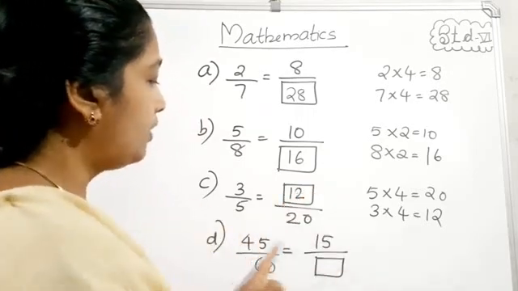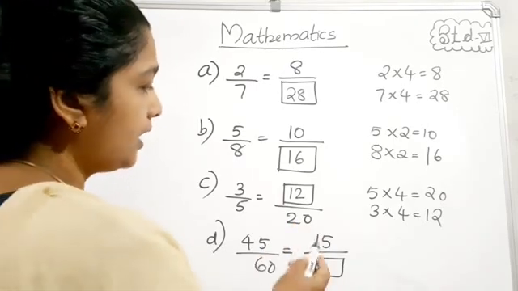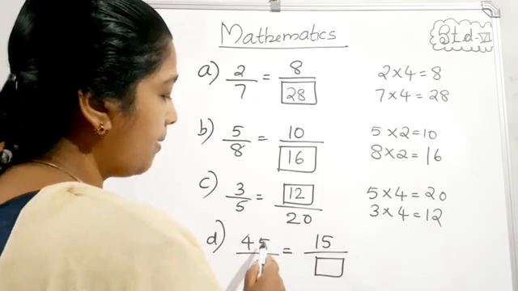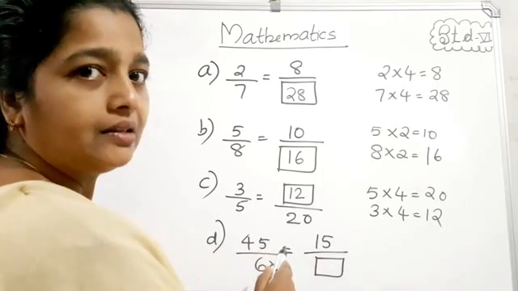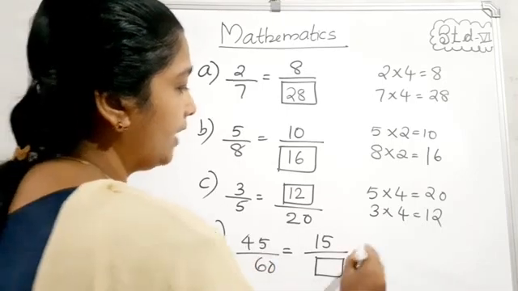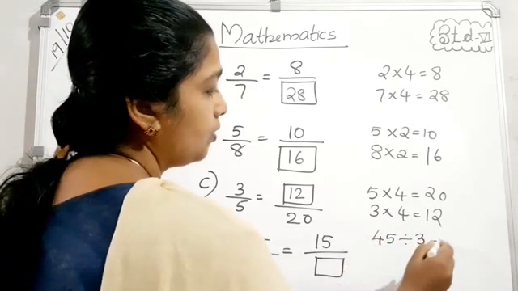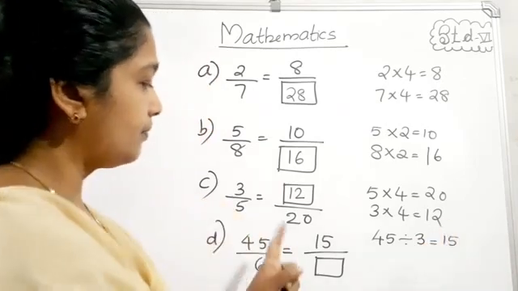Next. 45 and 15. Listen, you take the smallest number, then which number is used here to multiply? Understand? Or we can divide: 45 divided by 3 equal 15.